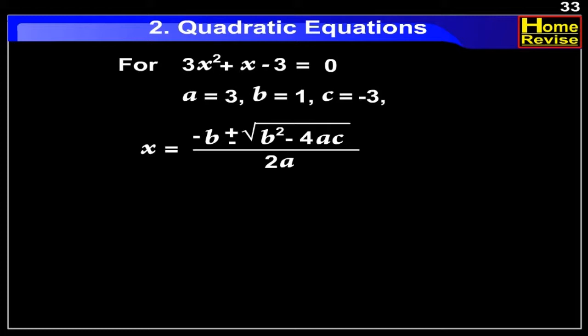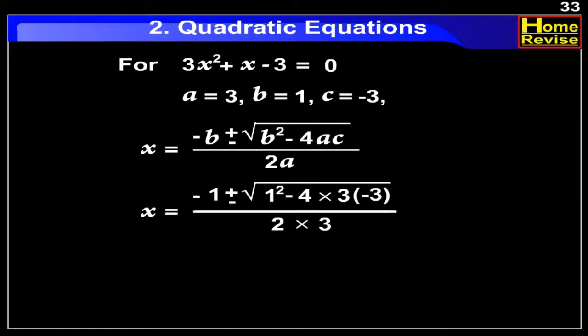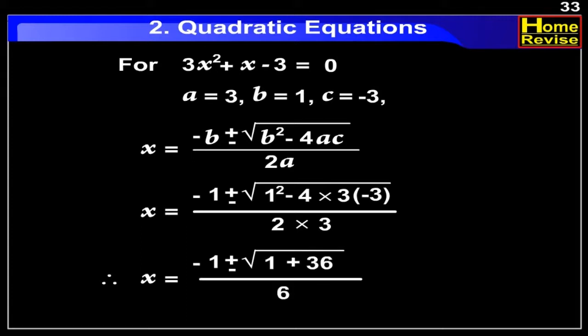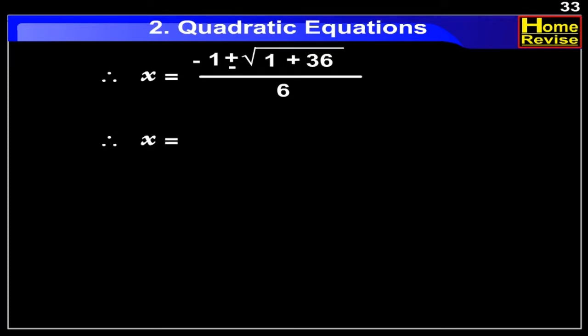Putting the values of a, b and c, we get x is equal to (−1 ± √(1² − 4 × 3 × (−3))) / (2 × 3). Therefore, x is equal to (−1 ± √(1 + 36)) / 6. Therefore, x is equal to (−1 ± √37) / 6.